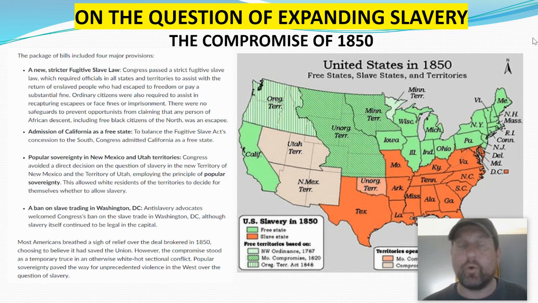Okay. And so far we've got kind of score one for the South, score one for the abolitionists, AKA, if you will, the North.